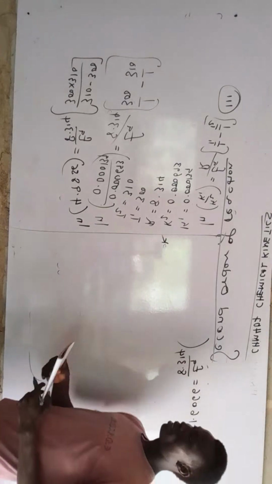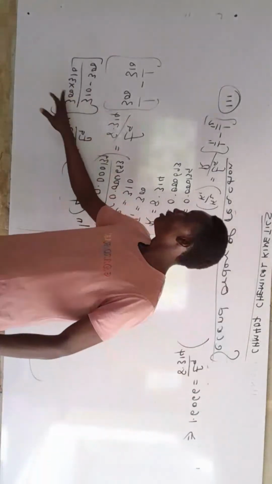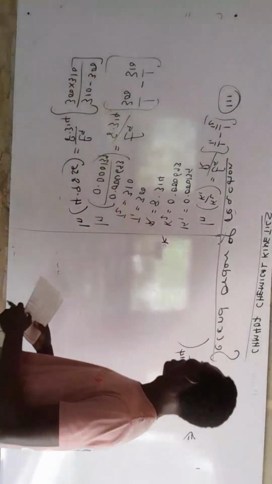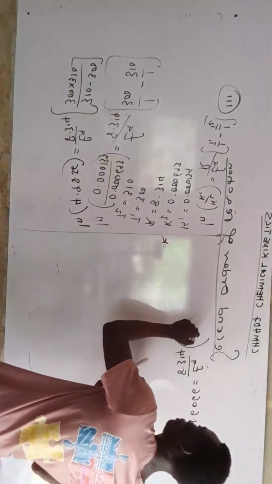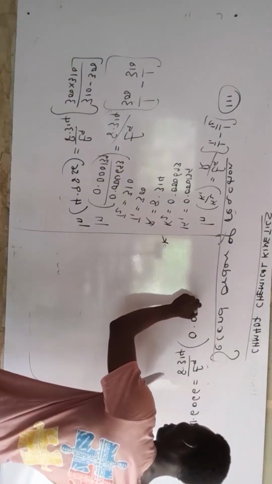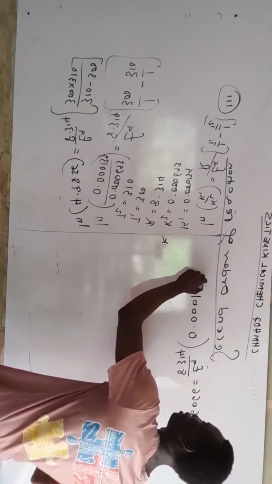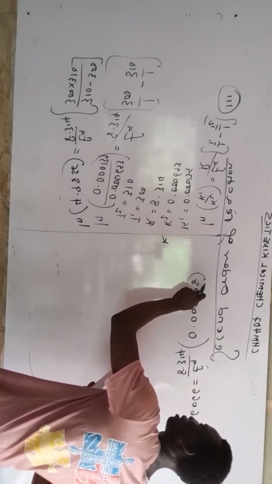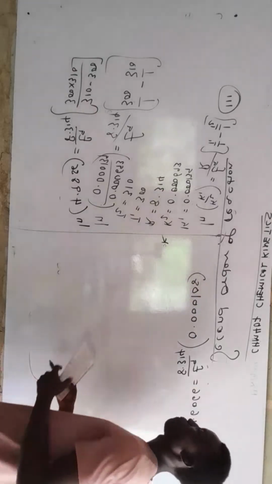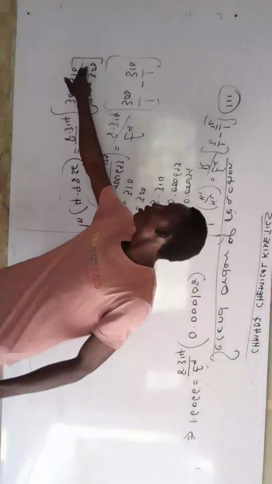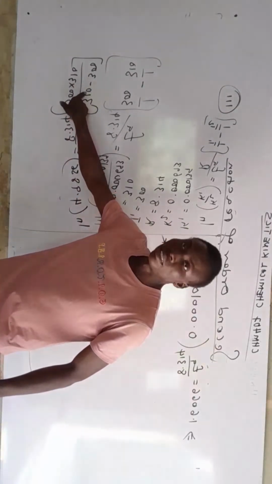Now in brackets, subtract this from this, use this to divide it. What would that give you? That will eventually give you 0.000108. That's exactly what you must have. Take note: take away 300 from this will give you 10.